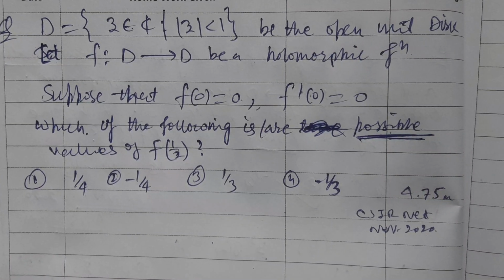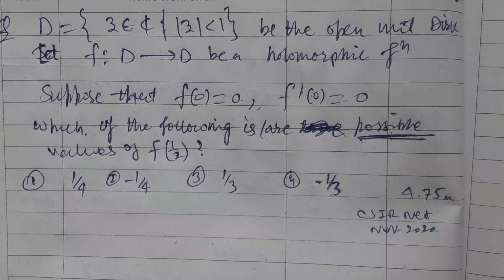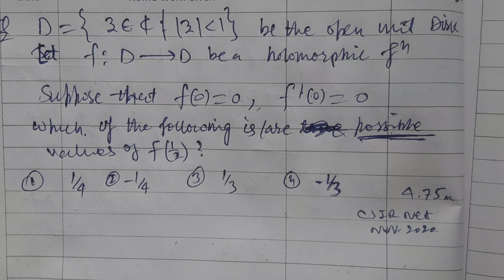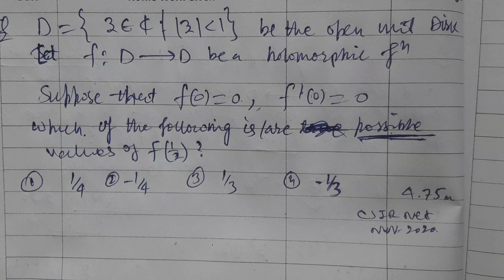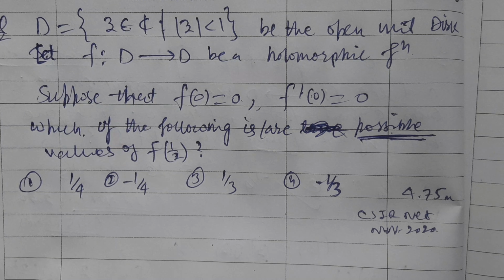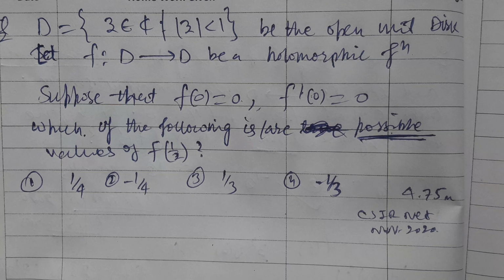We don't need to apply any lemmas or theorems, just 12th standard mathematics. Anyone comfortable with 12th standard mathematics can solve and understand this. I will explain it just like to a child. Please watch the video till the end and surely you will enjoy.